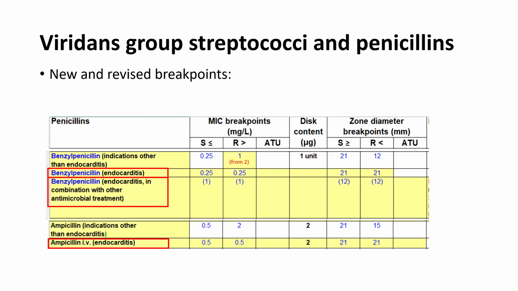And then also we have an extra row that is if you use the ampicillin intravenous for endocarditis. And the ampicillin other indications, now we just added that for all other indications, and there you don't specify whether it's oral or intravenous.